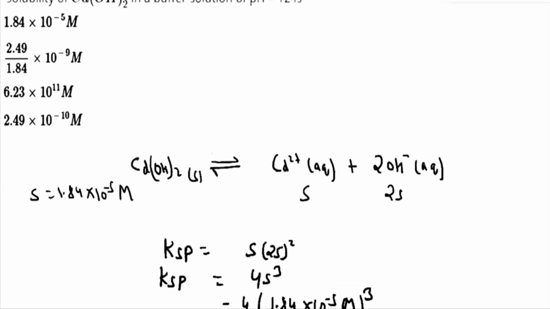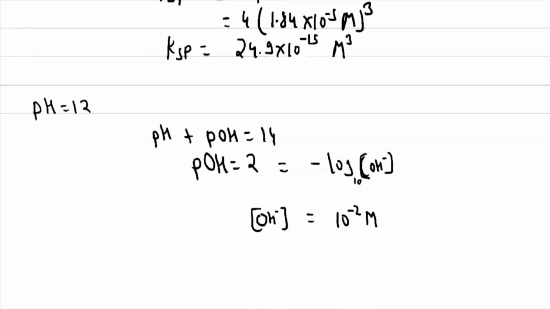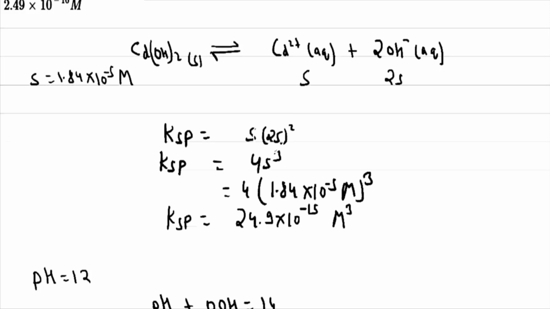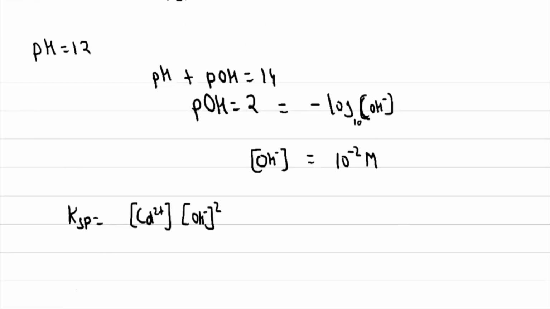Also, Ksp can be written as the Cd2+ concentration multiplied by the OH- concentration squared. Earlier this was in terms of solubility, but now we are considering the concentrations here. The Ksp value will always remain the same.